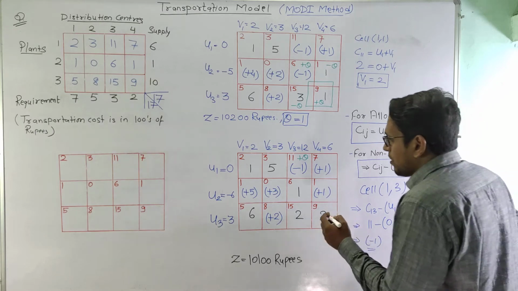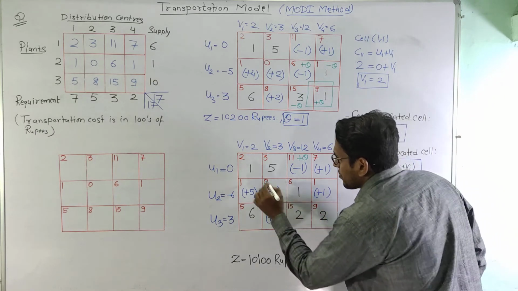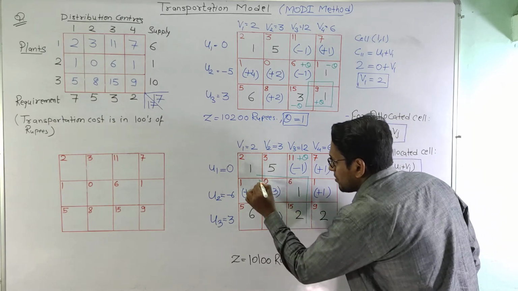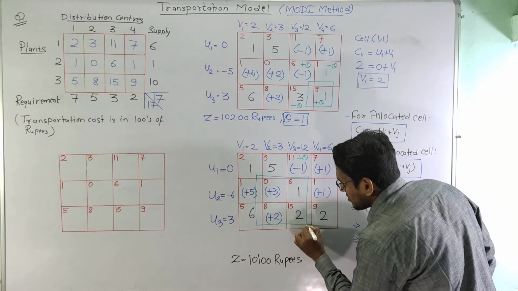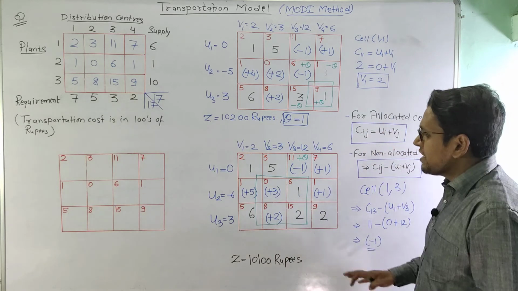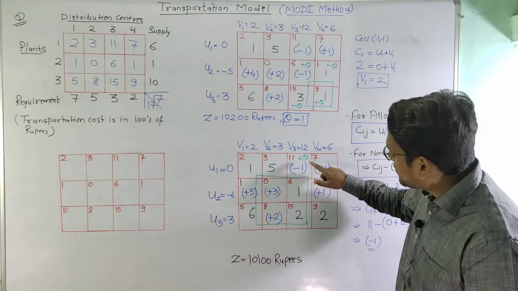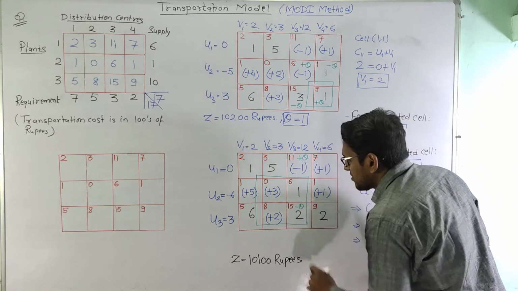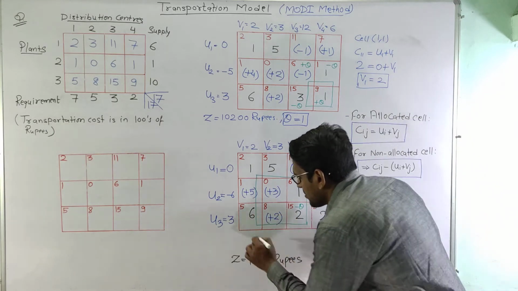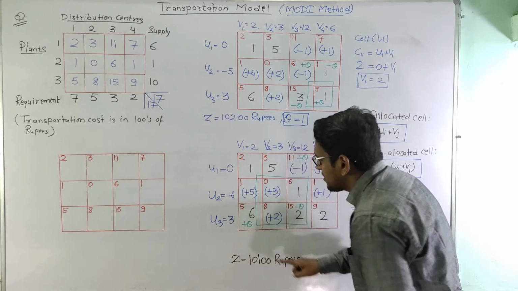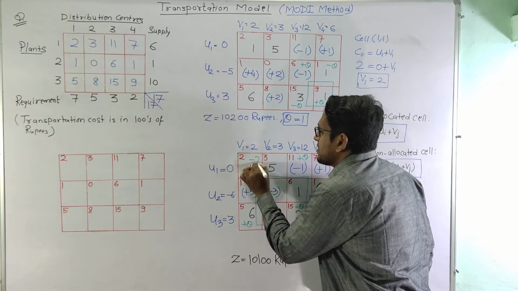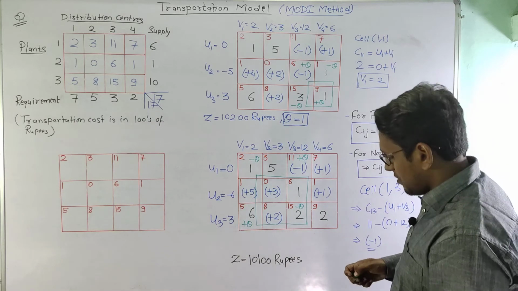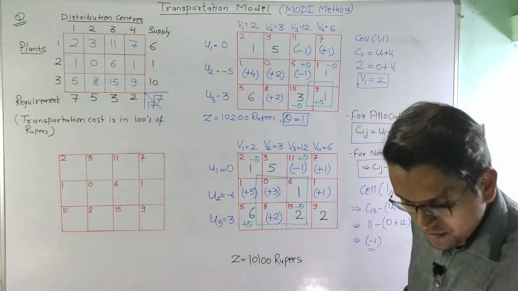Now let us see what loop it is forming here. So it can be clearly seen that this is the loop it is forming. So this is the loop, and to maintain the supply and demand, if this is theta, then this has to be minus theta. If this is minus theta, this has to be plus theta, and this is plus theta, this has to be minus theta.